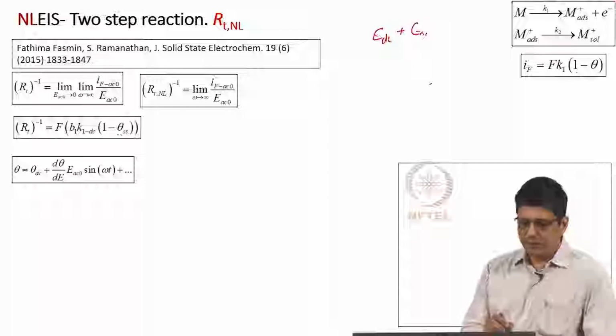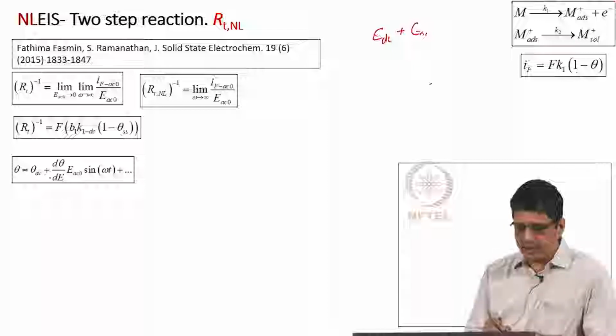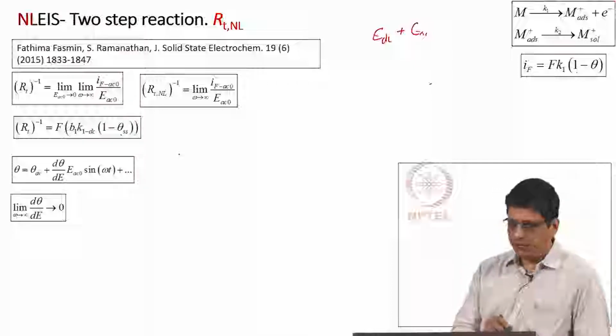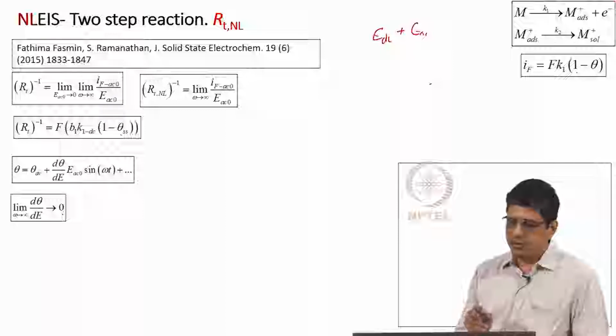The theta we write as average value, steady state value plus d theta by dE times EAC and so on. And we know that when omega tends to infinity, d theta by dE will tend to 0. Basically, omega comes in the denominator of the expression for d theta by dE.